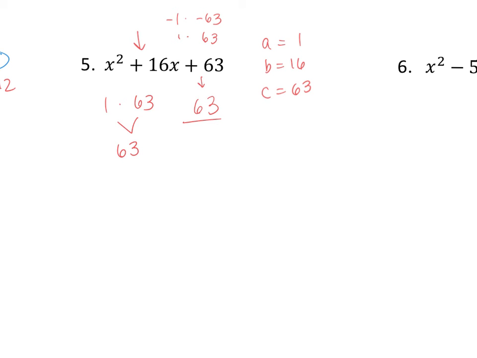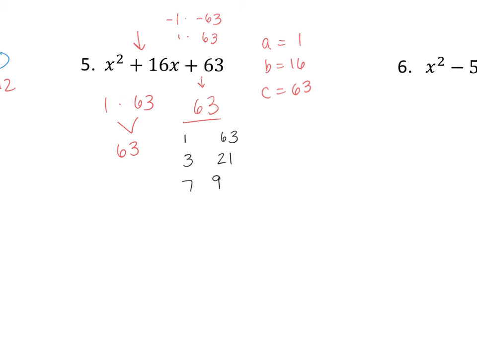Okay, so all we have to list here is our positive factors. Okay, so my positive factors are 1 and 63, 3 and 21, and then 7 and 9, okay?